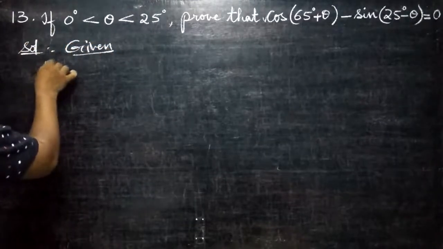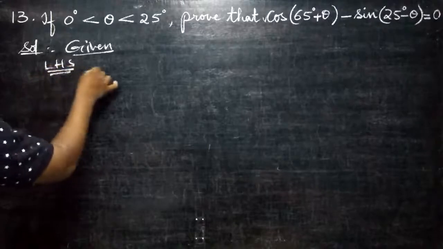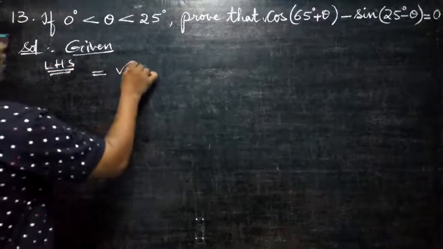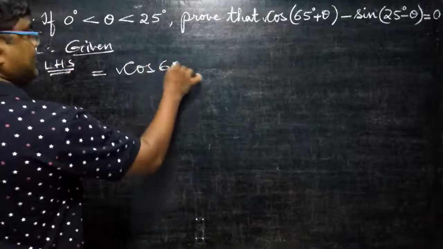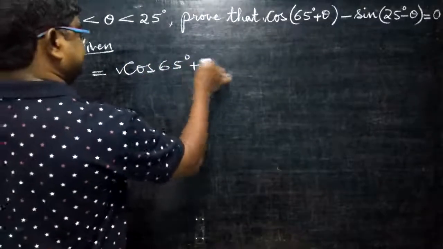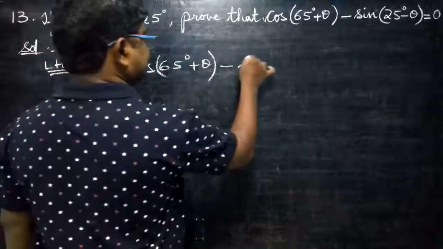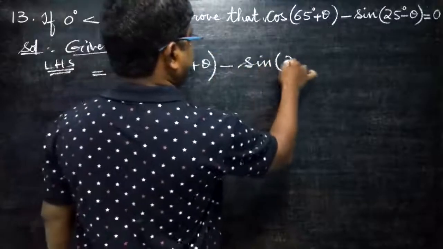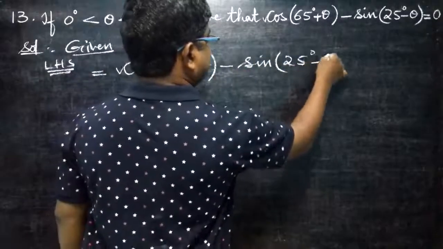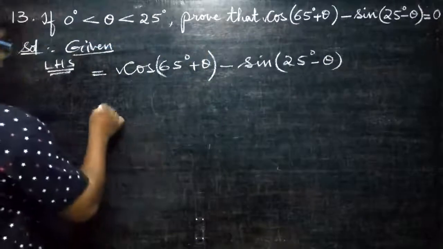So take LHS, left hand side. What is LHS? Cos of 65 degrees plus theta, minus sin of 25 degrees minus theta. LHS you are taking.